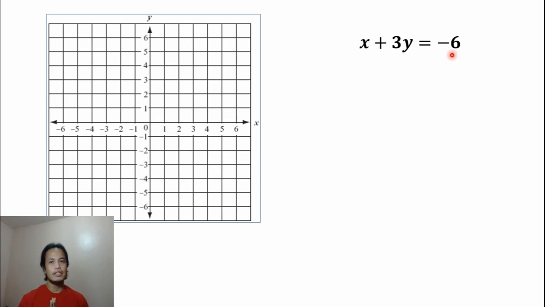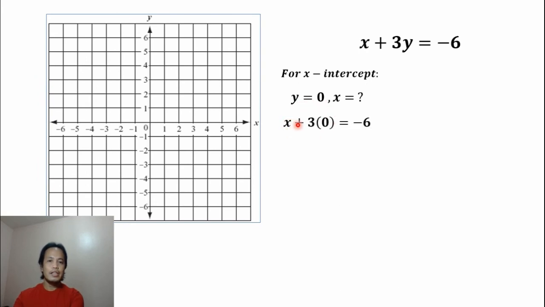First things first, we find the x-intercept. So, if we are going to solve for the x-intercept, always set the value of y to 0. So we solve for x. Therefore, we substitute the value of y into the equation. So we copy x plus, we copy the 3, then instead of writing y, we change that with 0, equals negative 6. 3 times 0 is 0, so we can cancel this out.